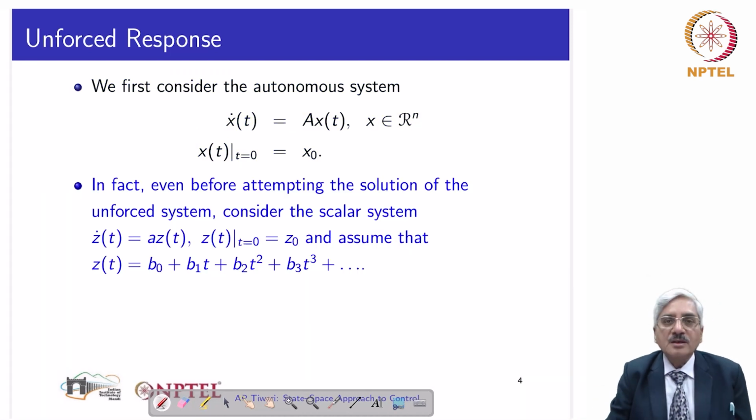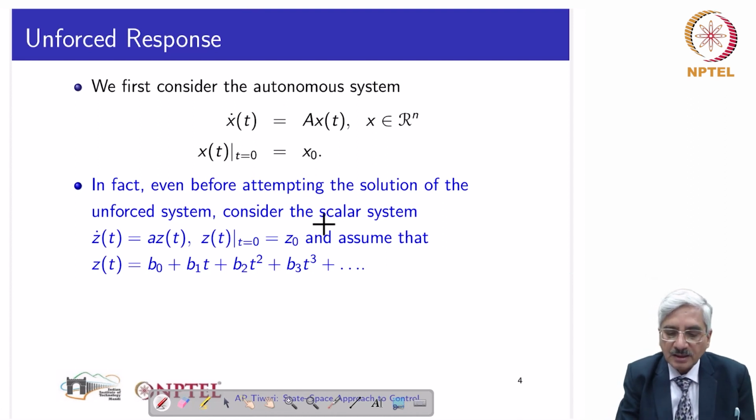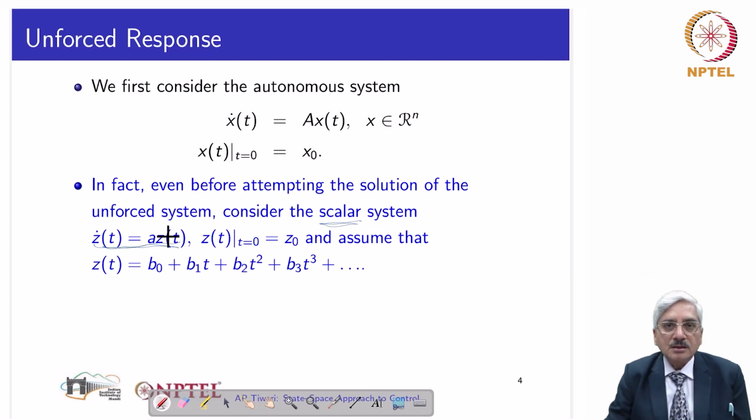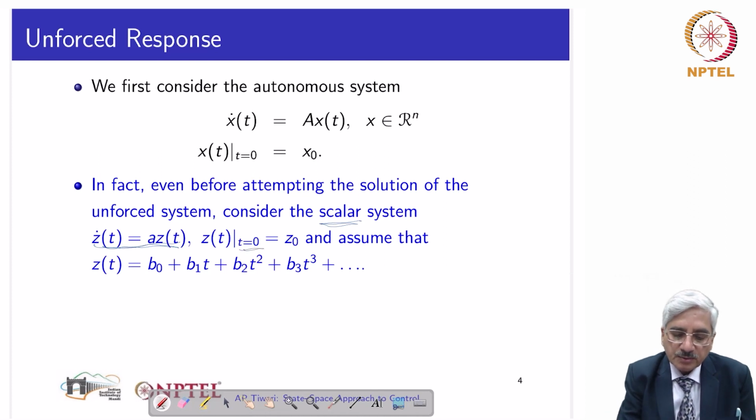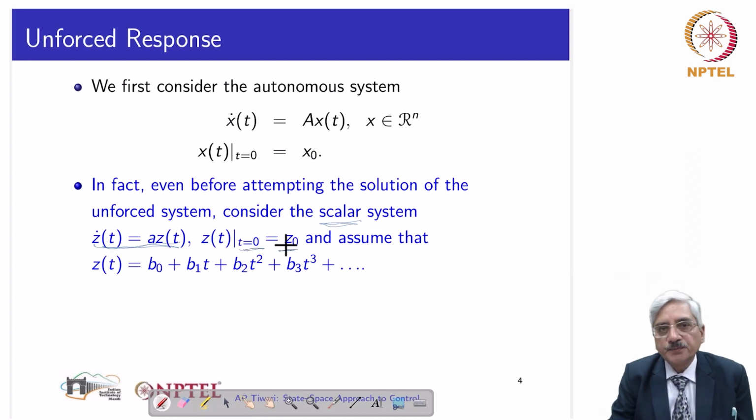Even before we attempt obtaining the solution of the unforced system, we will consider the scalar system, that is the system with only one state variable, which is z dot equal to az, and the initial condition of the state z is also defined at t equal to 0 as z0.